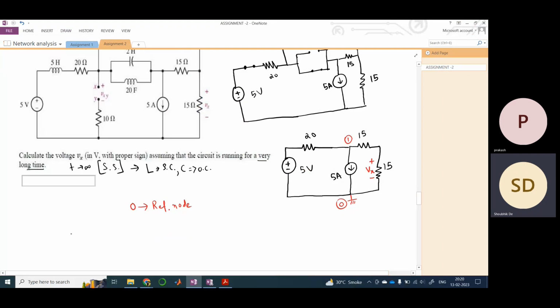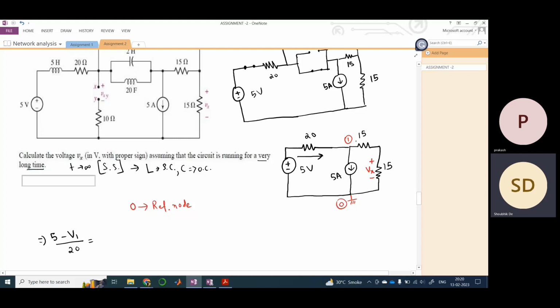So at node 1, let's say my voltage is V1, so the current flowing through this path would be the voltage difference between 5 volt and the voltage at node 1, so this is 5 minus V1, divided by the resistance of the path. This would be equal to what?